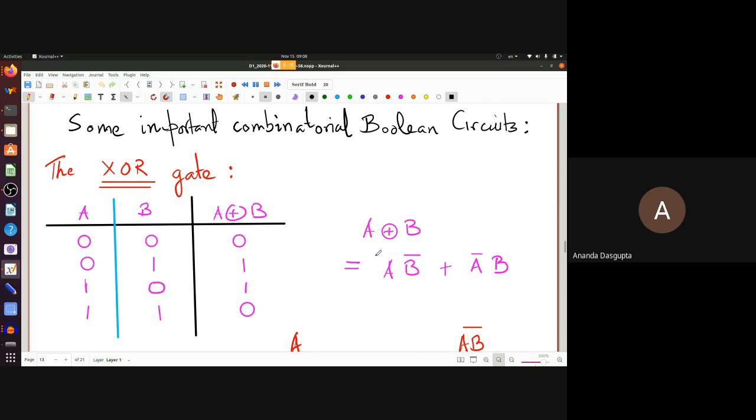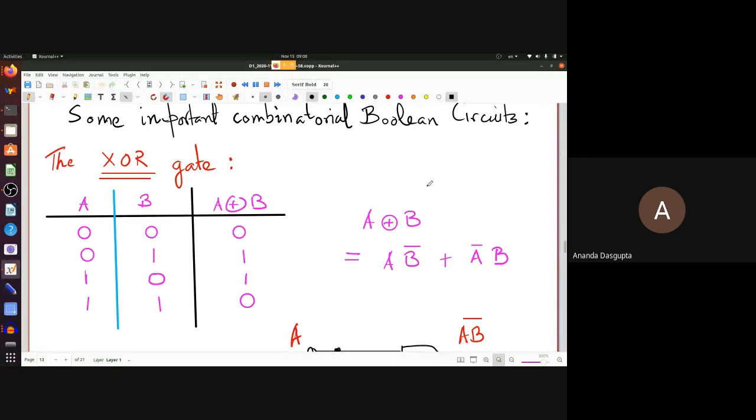Now, those are the most common kinds of circuits that you may have seen before, but there are other more useful circuits you can make with Boolean gates which actually don't really implement Boolean functions. We will describe that later. For the time being, let's take a look at the combinatorial Boolean circuits.